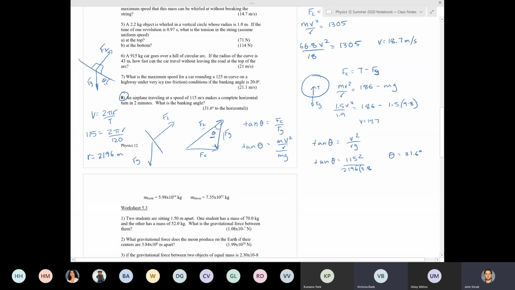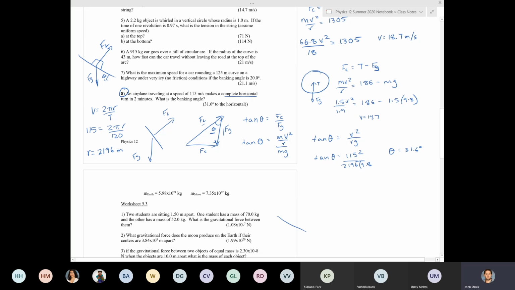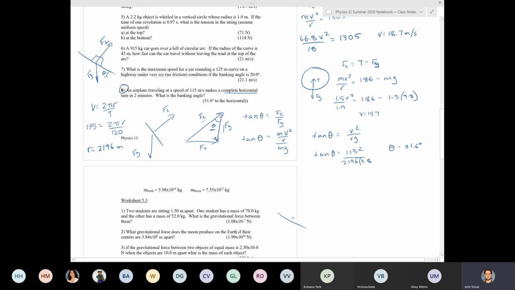So is the airplane going in a vertical circle, not a horizontal? No, it's a complete horizontal circle. Right, so if you see an airplane, like we're seeing the airplane from behind right now, it's going away from us. It's going to go around, and then it's going to be coming back towards you, and then it's going to complete the circle like this.